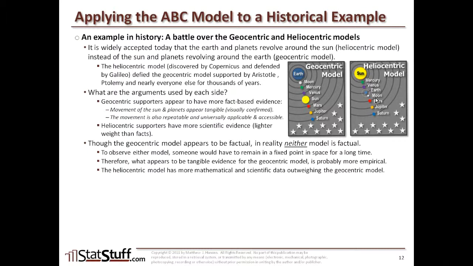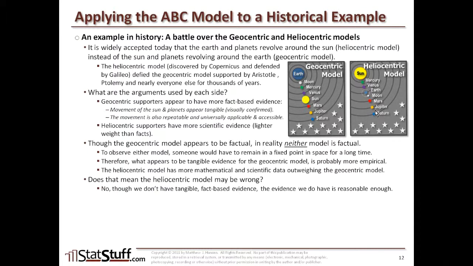So does that mean the heliocentric model is actually wrong, or could be wrong? Well, I'm not saying that. All I'm saying is that we don't have tangible, fact-based evidence according to how we define fact-based evidence in this ABC model. We don't have enough of that evidence to make that kind of conclusion.